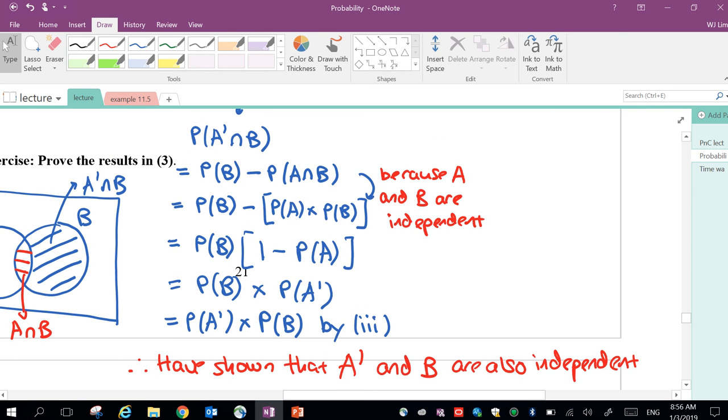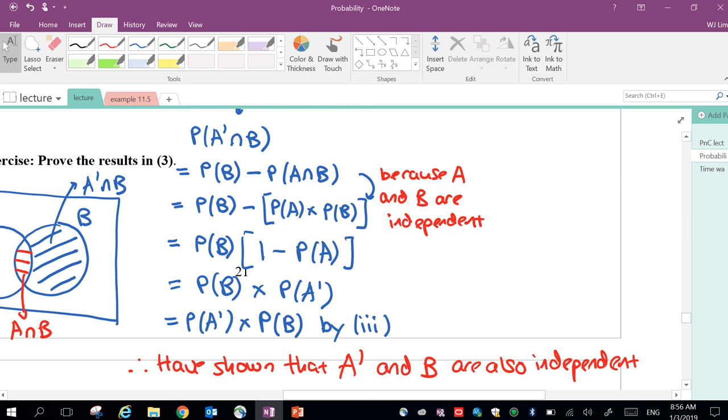They may ask, I don't know. The proof for A and B prime, and A prime and B prime, are similar. You can go home and try yourself. This kind of proving is quite common if you pursue mathematics at university level.